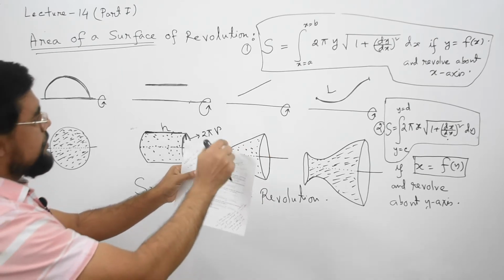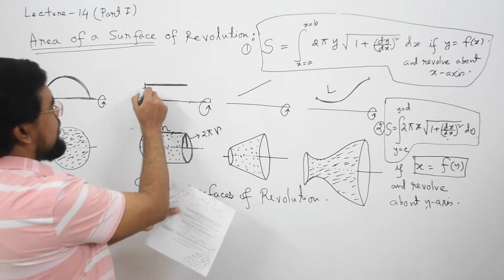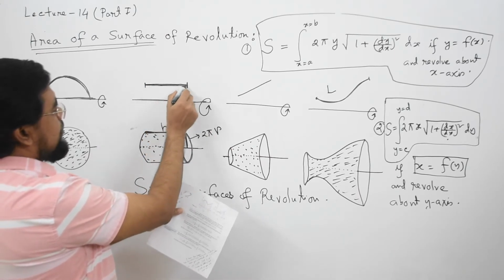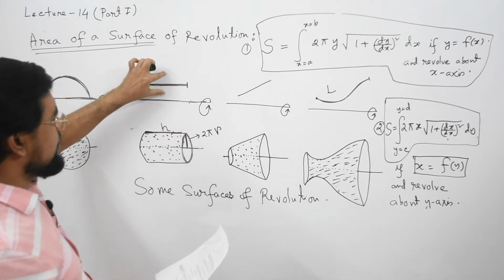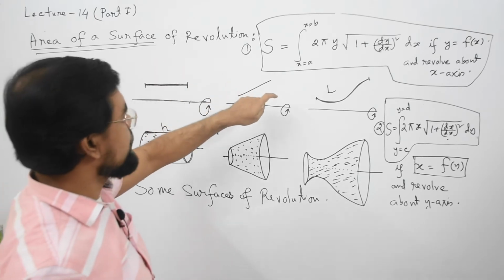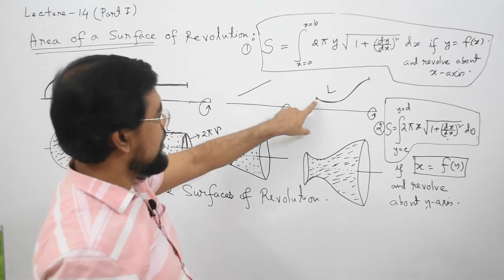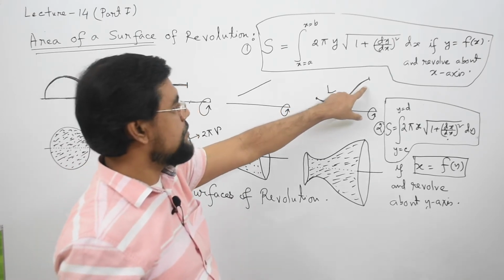But the problem is, if your curve is not a straight line, in that case you cannot calculate the length directly. You need to use a formula we discussed in our previous lecture, the arc length formula, the length of a curve.